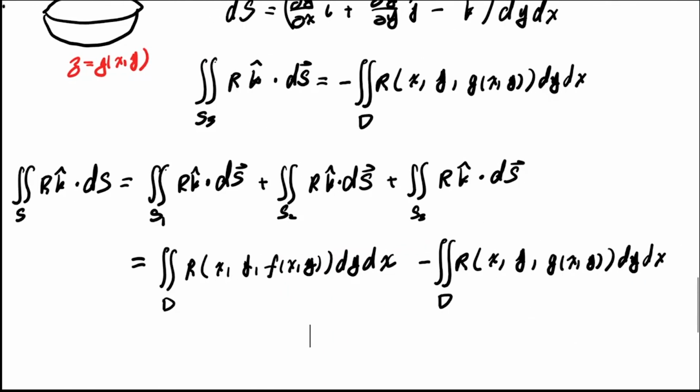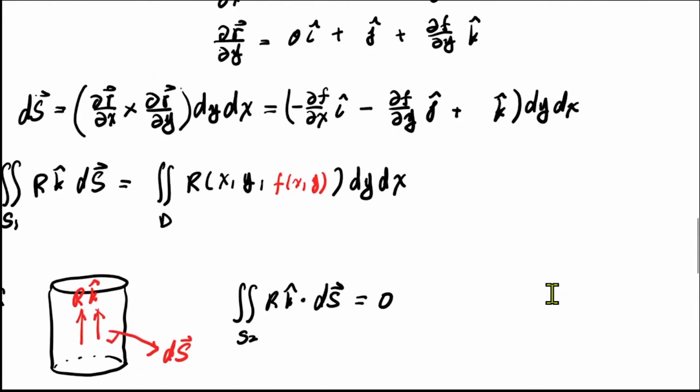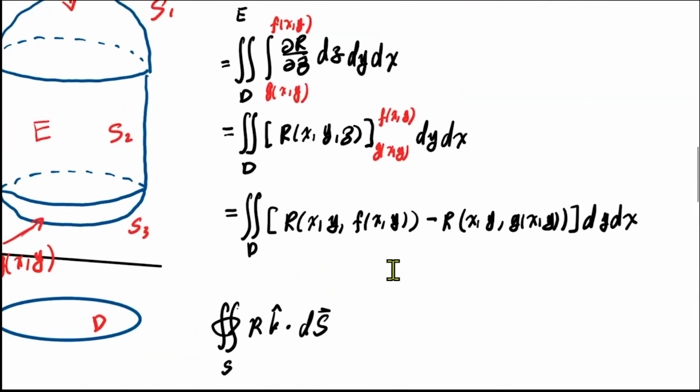Now all we have to do is compare this with whatever we had up there at the end. Ah, that's exactly the same thing, isn't it? This integral minus that integral over D. You get it?